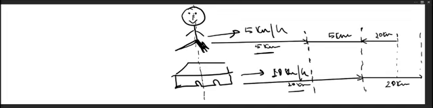Then after 2 hours of time, the distance between man and car will be 10 kilometers. So we can see that the distance between car and man is increasing with time.